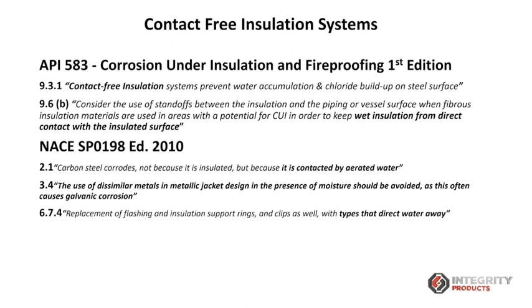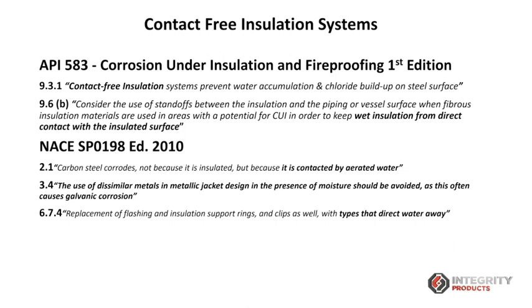But when the insulation is wet, then even the contact of insulation is a concern. We have to have a system that can keep the soaked insulation away from the pipe. And again, 6.7.4 says the same, with the types that direct water away. We have to prevent the water from reaching the pipe.